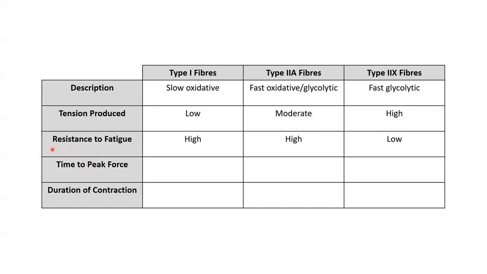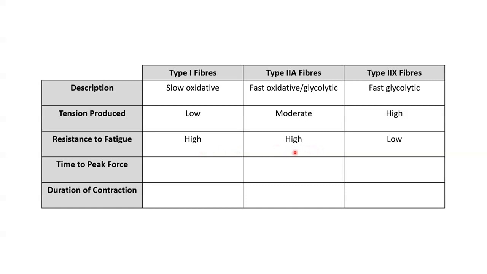Comparing their ability to resist fatigue, our type 1 fibres have high fatigue resistance. This means they can contract all day, producing their lower levels of force without getting tired. This is important for muscles that we use all of the time. Think back to those stabilization muscles in the trunk, or the muscles in our hands or our feet and calves that we use day in, day out, walking around or doing day-to-day activities.